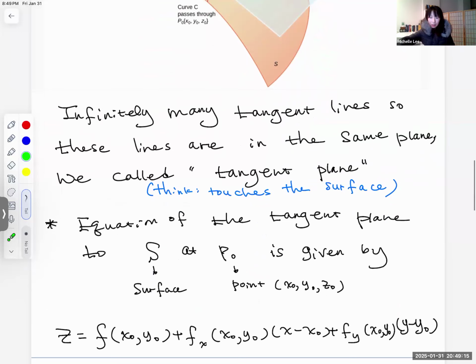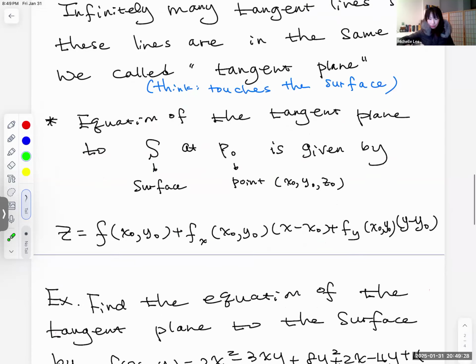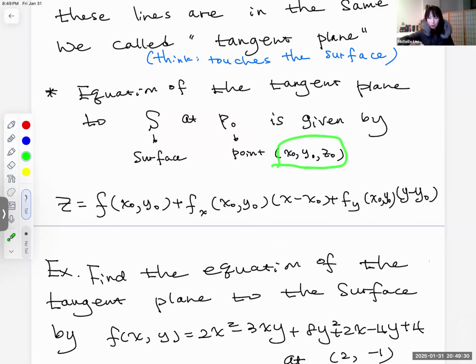Now we have an equation of the tangent plane. We denote S as the surface at the point. This is a general point, but we have only x naught and y naught, right?